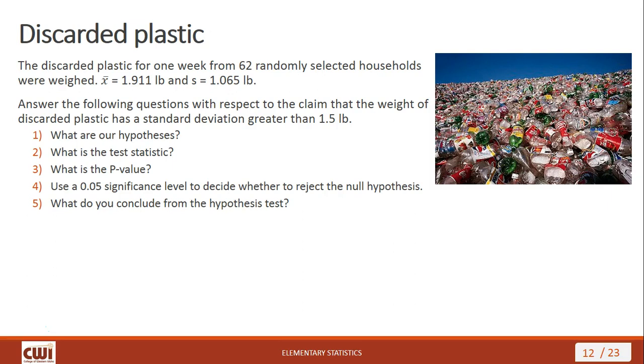This is a similar problem to what we looked at in the last lecture. In fact, it's the same problem, except that now we're asked to answer the same questions with respect to the claim that the weight of discarded plastic has a standard deviation greater than 1.5 pounds. Again, let's look at each of these questions individually.